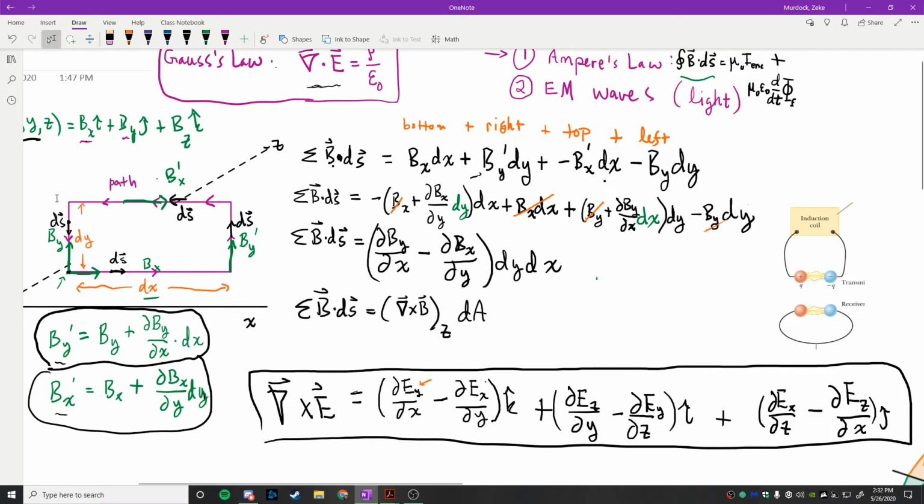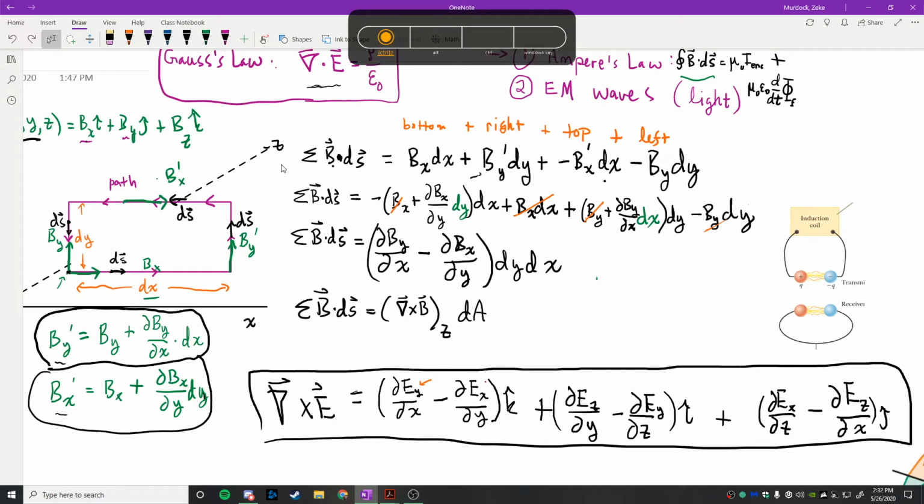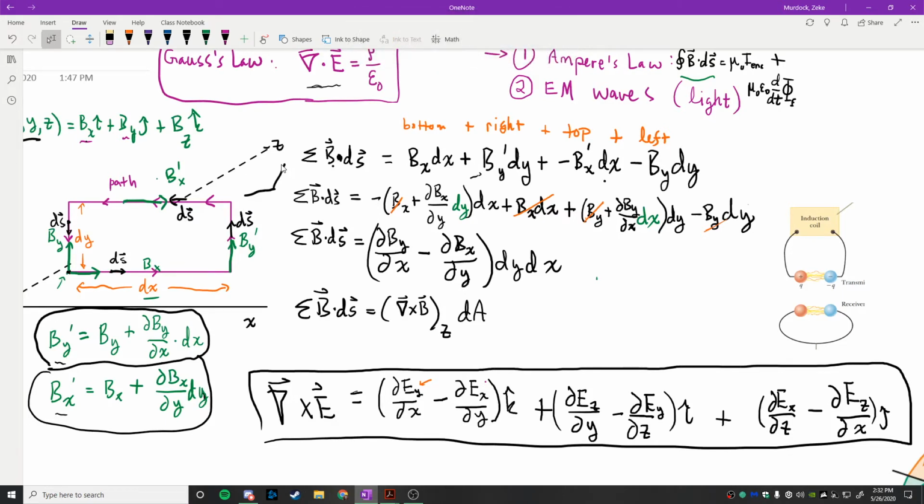Whichever plane your loop is in, if it's xy, you get the z component of curl. If it's xz, you get the y component of curl. Right? And what would xz mean? Xz would mean literally taking some loop back here that was in the xz plane. It'd be something more like this. You go around this way, you go up that way, you come back this way, and you come back down to here.